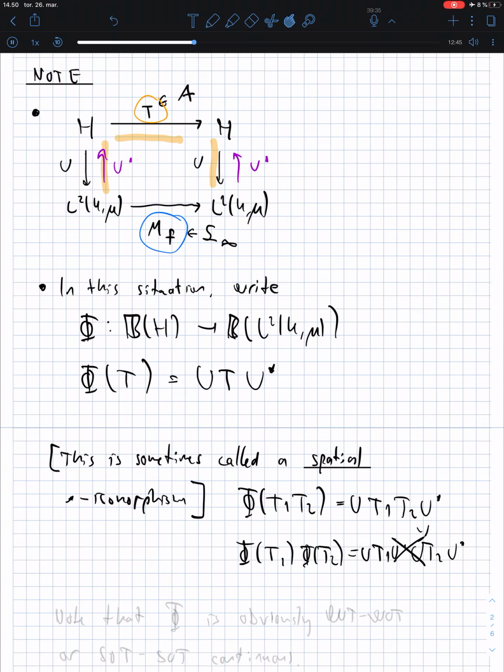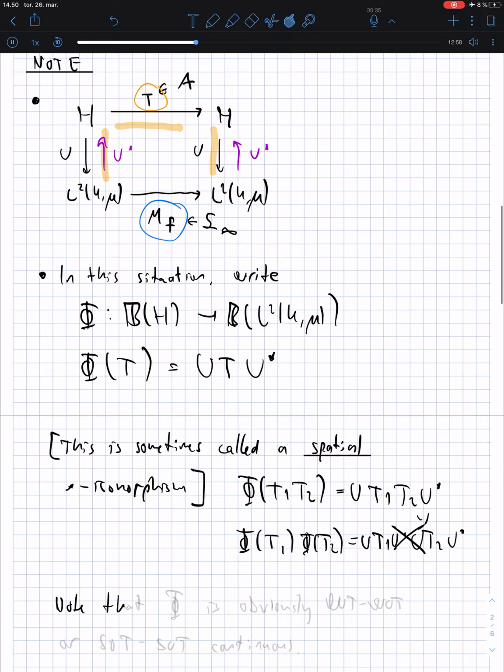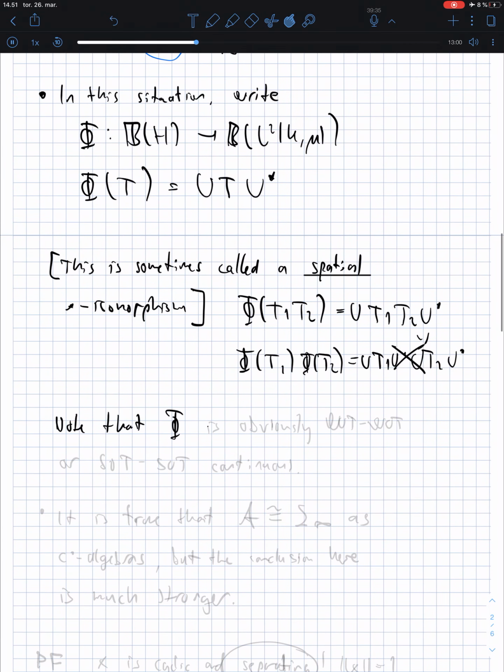So it's a special kind of star isomorphism between two C-star algebras that happen to live, both of them, on a Hilbert space. And what's nice to note is that phi is obviously weak, or strong, continuous.